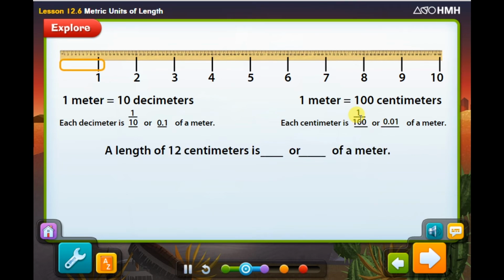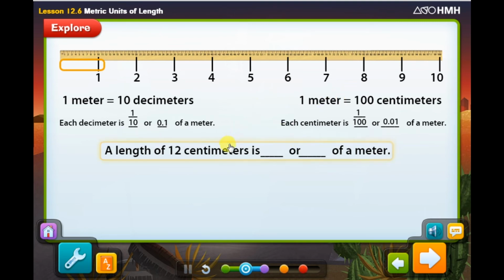Let's try comparing some other metric units. A length of 12 centimeters is how much of 1 meter? Okay, so you move from centimeter to meter. This means you will move from small unit to bigger unit. So if it's small unit, you divide. Divide by what? First you move from centimeter to decimeter, then from decimeter to meter.